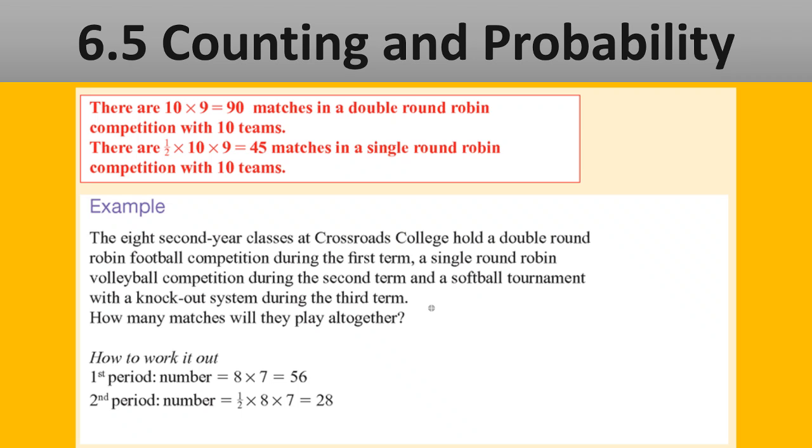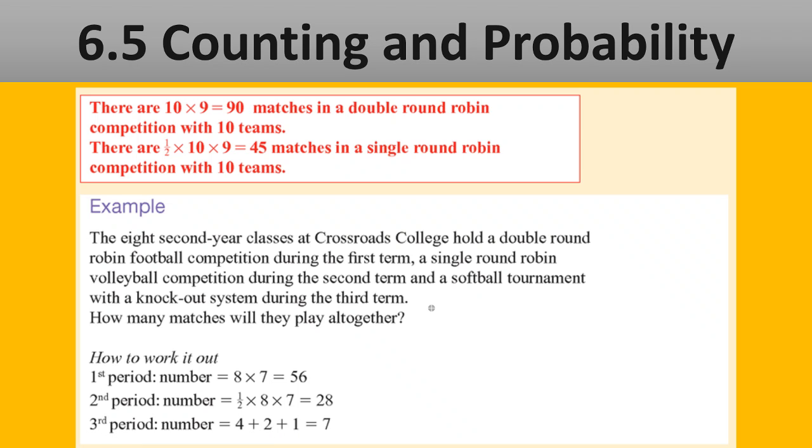Then 4 of those teams are knocked out and you are left with 4 teams, which have to battle each other, which gives me 2 matches, 2 teams versus 2 other teams. It gives us 2 last teams in the final, you could say. In the final, there's only 1 match, 1 team versus the other team. So how many matches are there in total? 4 plus 2 plus 1 gives me 7 matches in total.